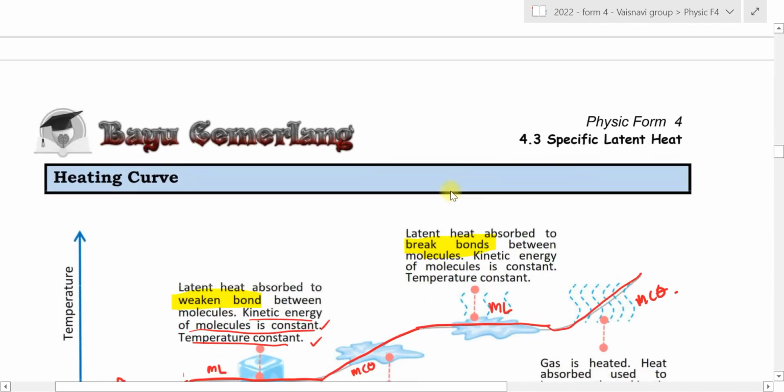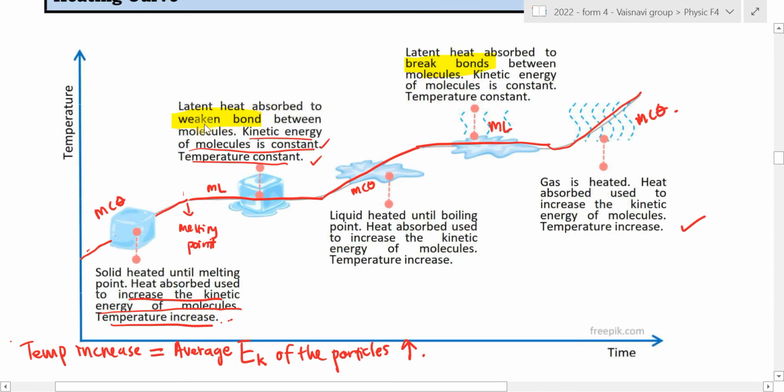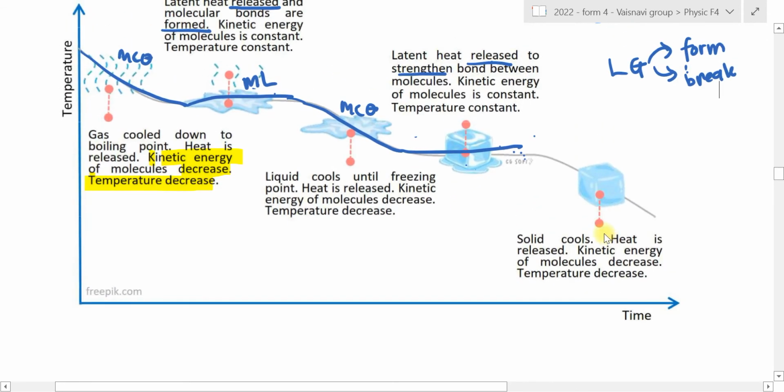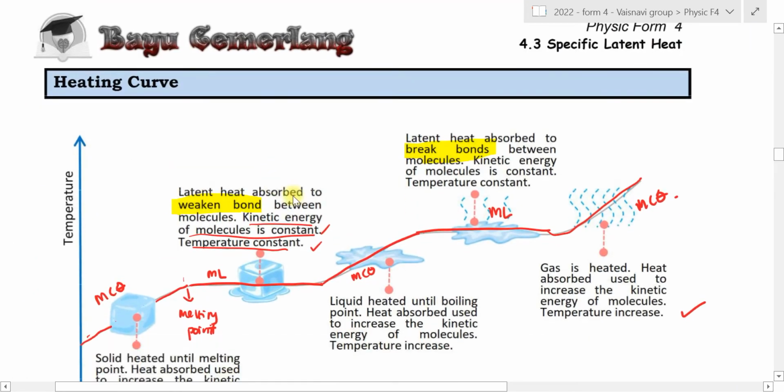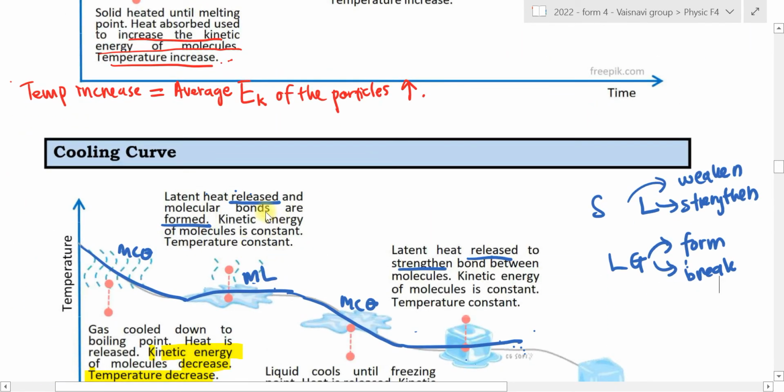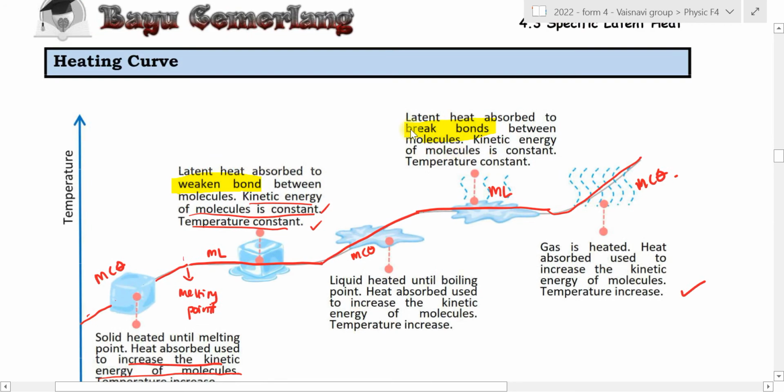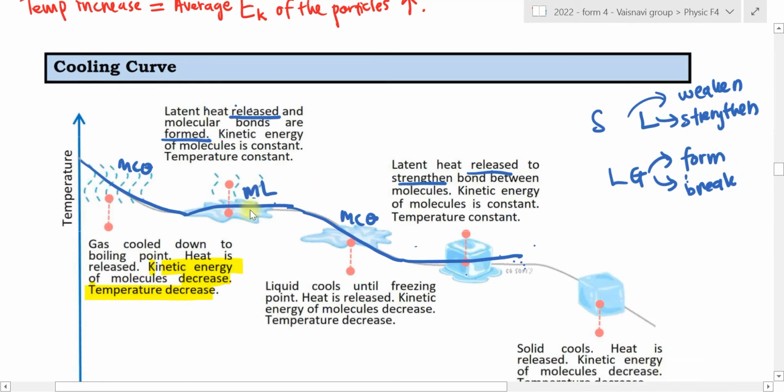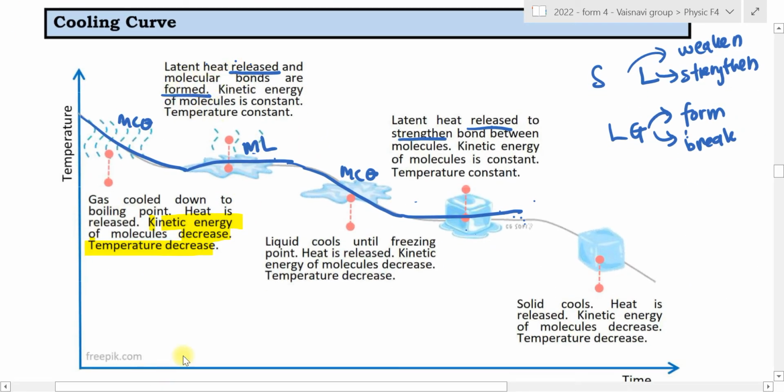Okay, you see, here it uses weaken the bond, right? It's between solid and liquid. Here also, solid to liquid, liquid to solid, strengthen the bond. So it is directly opposite. For liquid and gas, it will use either break the bond or form the bond. Okay, you need to know the terminology.